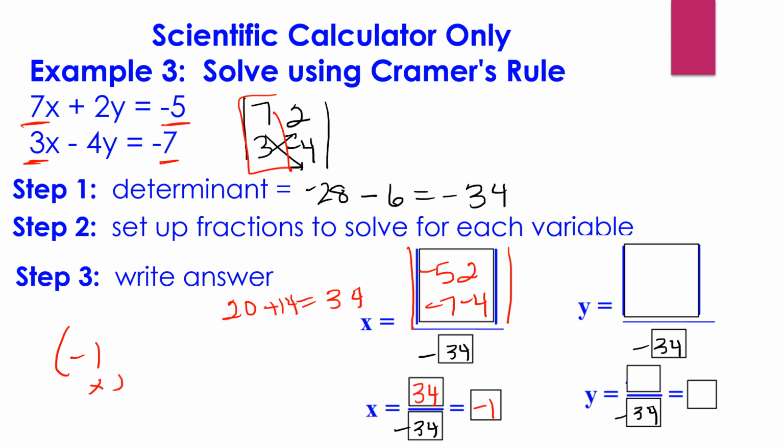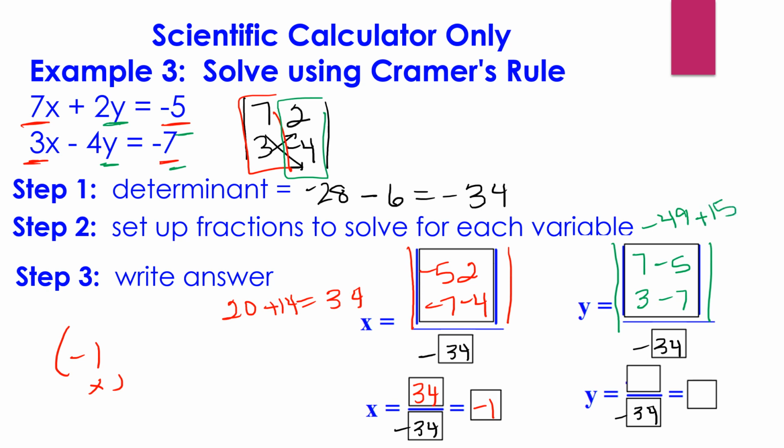And last but not least, now we're going to take our y and substitute the y coefficients with the constant values, negative 5 and negative 7. So our y matrix is 7, negative 5, and 3, negative 7. Multiply your down diagonals to get negative 49, minus, multiply the upward diagonals, negative 15.